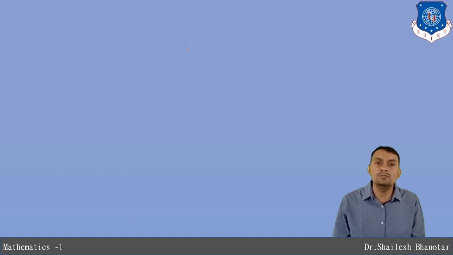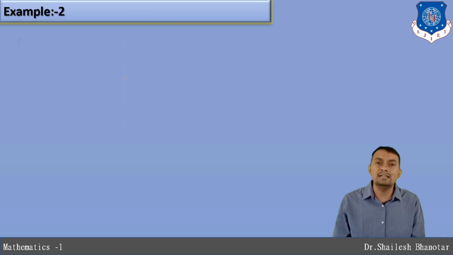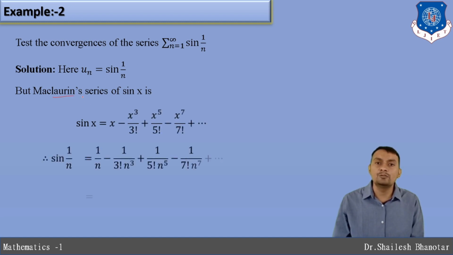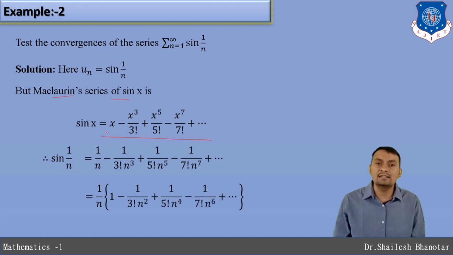This is sine 1 by n, and sine 1 by n can be expanded. Test for the convergence of the series sine 1 by n, where un is equal to sine 1 by n. According to the Maclaurin series we can write x replaced by 1 by n. Whenever you see this kind of expansion, keep in mind 1 divided by n raised to L, where L is nothing but the lowest power.